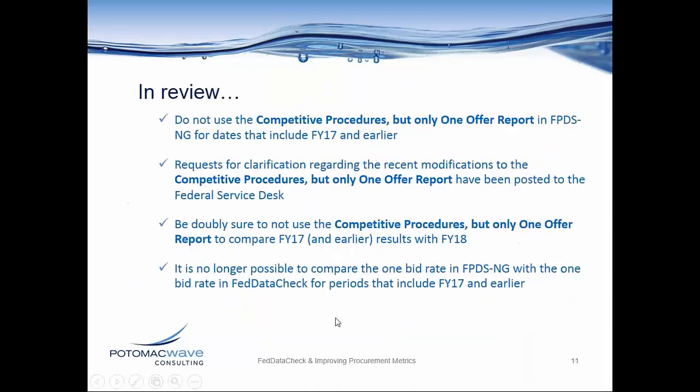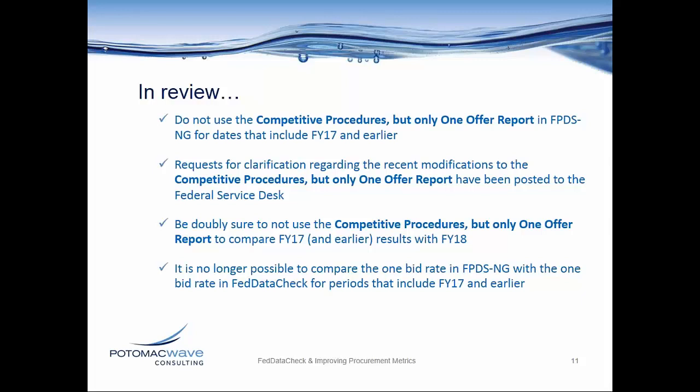But the bottom line, I guess, if we go back to this review, again, you can use that competitive procedures, but only one offer report. Use that for FY18. You go back in time, it's been changed and broken. It's broken. People, I'll take a firm stand on that. Don't use it.